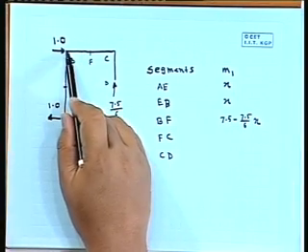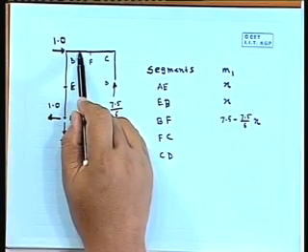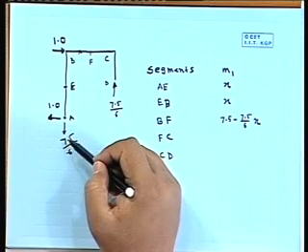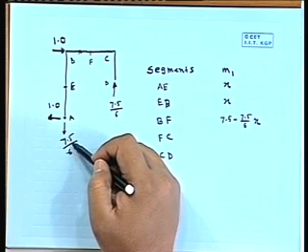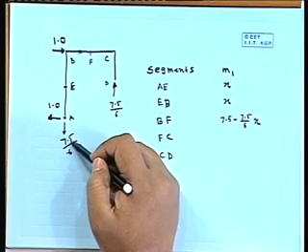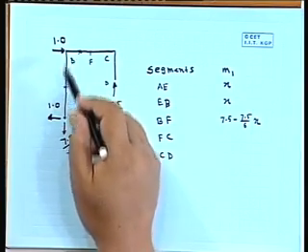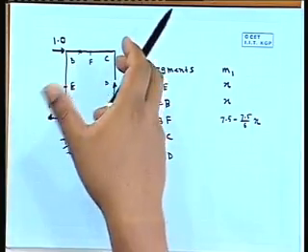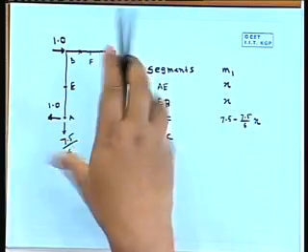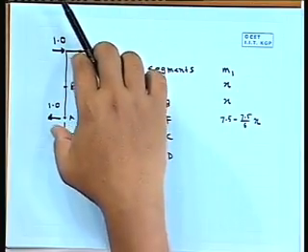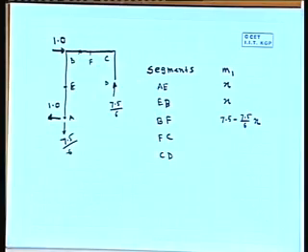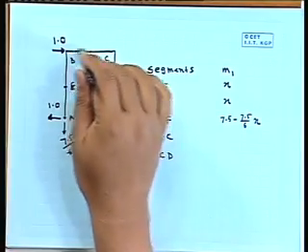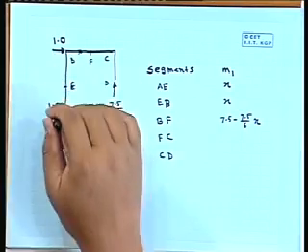If we count x from here, at any point it will be 7.5 divided by 6, that vertical force, into x. So it will give a moment in the reverse direction, and 1 into 7.5 will give a moment like this. So at any point it will be 1 into this height.